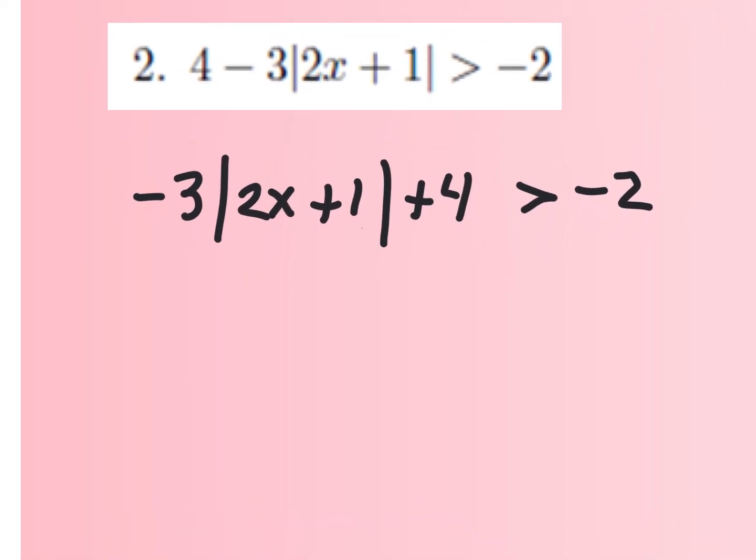All right. So this, I need to start by subtracting 4, and then I'm going to divide by -3, and go ahead, solve it, everybody. I'm going to pause for a second while you solve this. And I know you're like, but I don't know how to do the less than. Just get it to that part first.